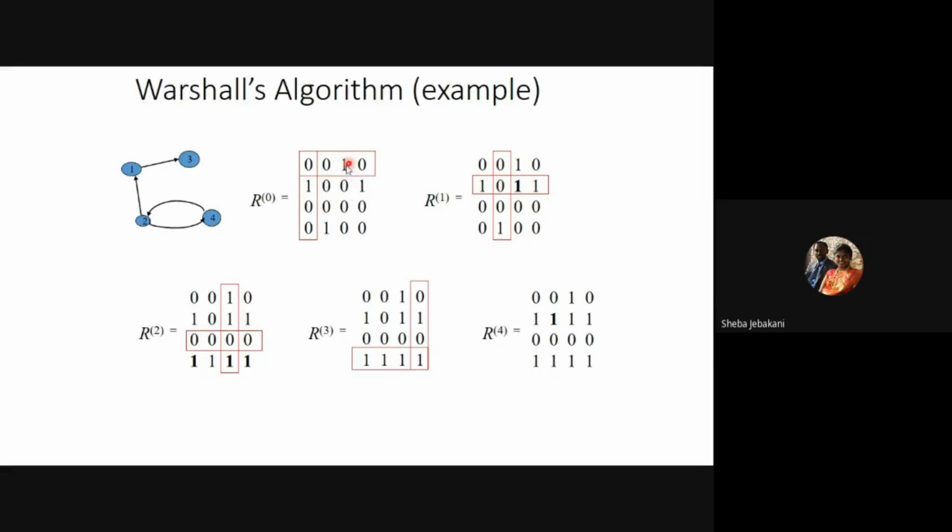The 1 here is k comma j, and here this will be i comma k. Yes or no? This was 1 comma 0 and this is 0 comma 2.